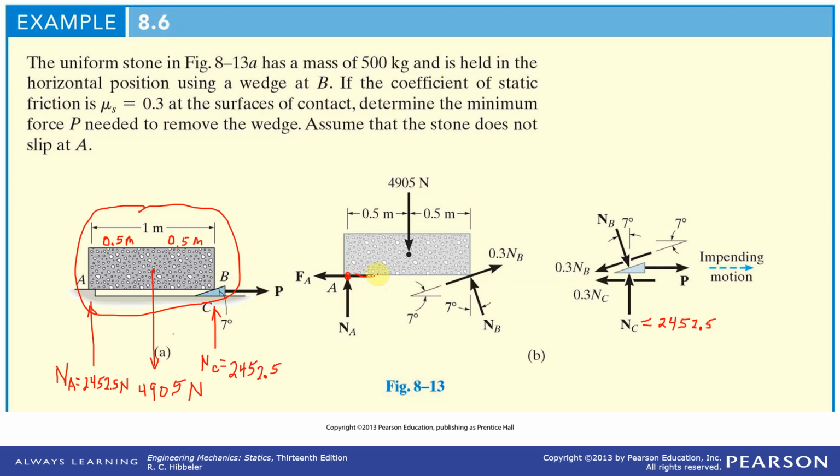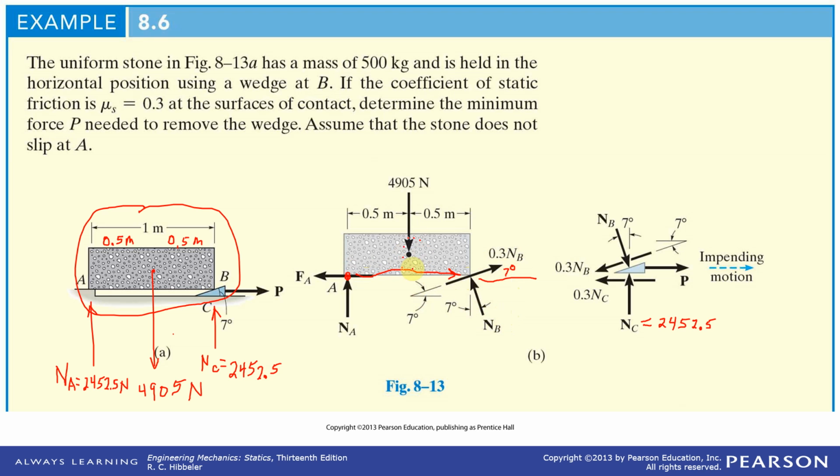So we have a lever arm going along here of 1 meter, and it's at 7 degrees. So when we look at moments about point A, we're going to have this lever arm times this force times 7 degrees.